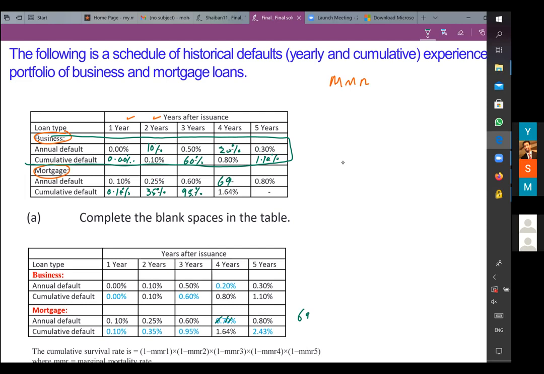Why did they make it 70? It looks like some rewinding, whatever. So 95 plus 5. This is 69.